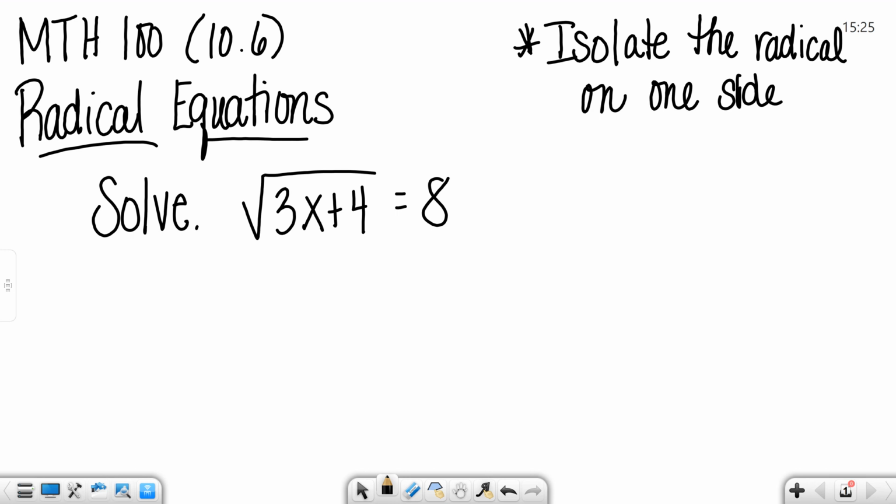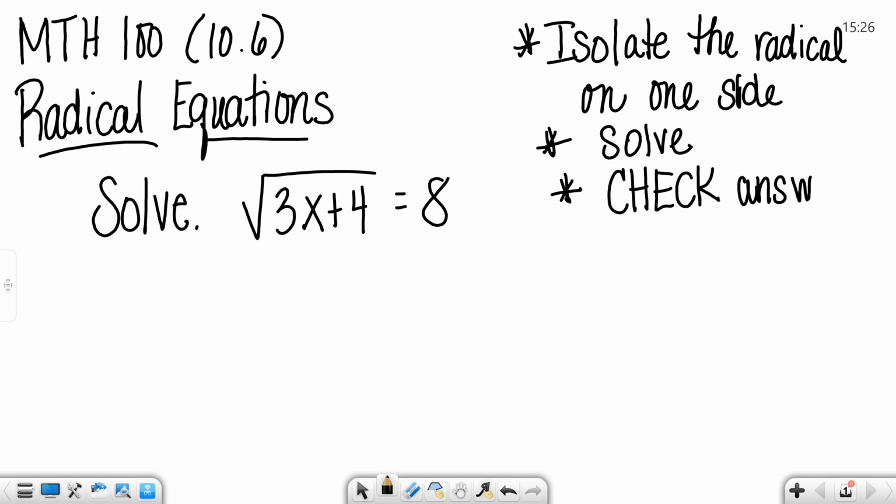Now when I say one side, that means of the equal sign. The next thing that we're going to do is to solve. And then finally, the last thing that is super important is we need to make sure we check our answers. In other words, we go back to the original, plug it in, and make sure that it actually works.